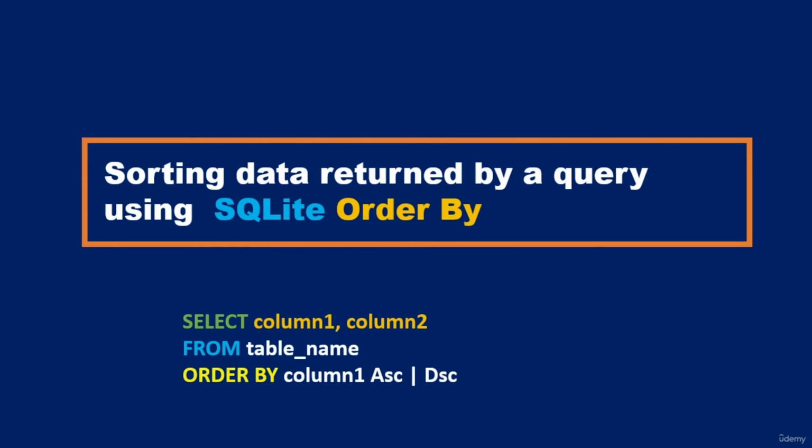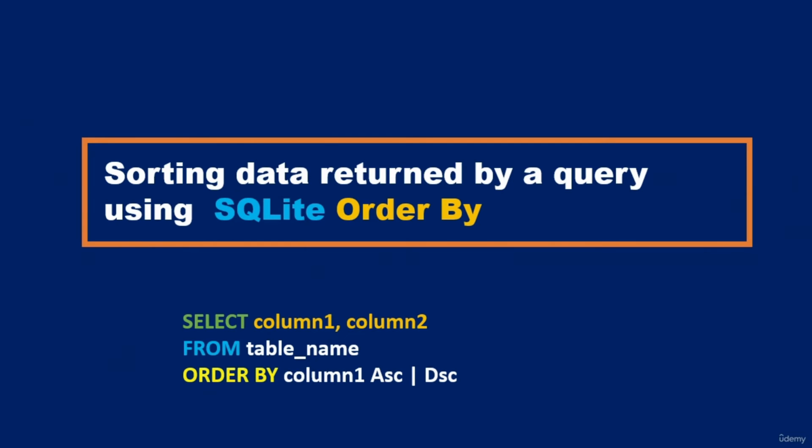You use the select statement to select the columns you want. You use the from to specify the table name you are fetching the data from, and then you use the order by clause to specify how you want to sort the data that is being fetched from the table. As you can see in the example query here, the order by clause always comes after the from clause.